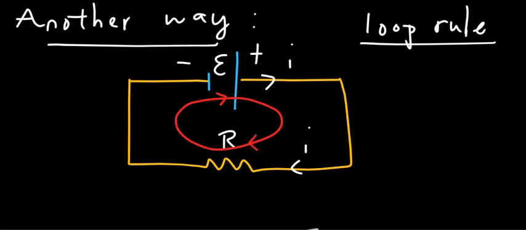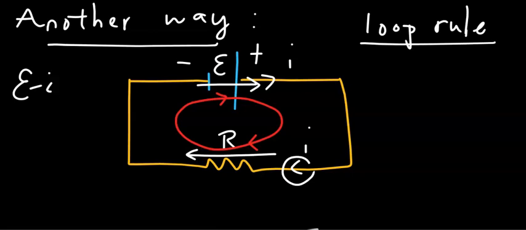According to the sign conventions that we have explained in our previous video, the contribution to the potential difference as you travel through the battery from the negative to the positive terminal will pick up a positive E. And as you come across the resistor and you go in the same direction as the direction of the current, it will pick up a negative term for the potential difference across that resistor, and they should sum up to 0. Now rearranging this equation, you get that.